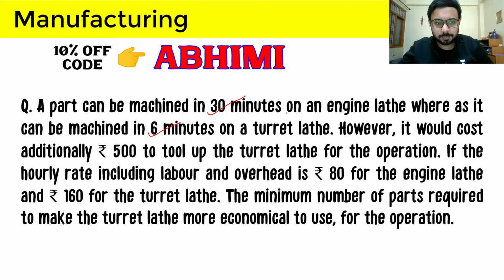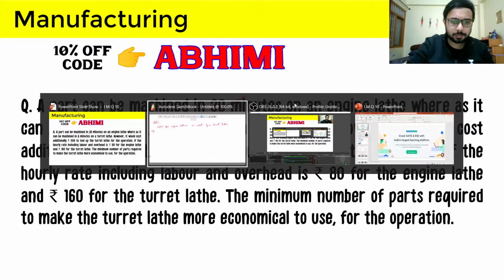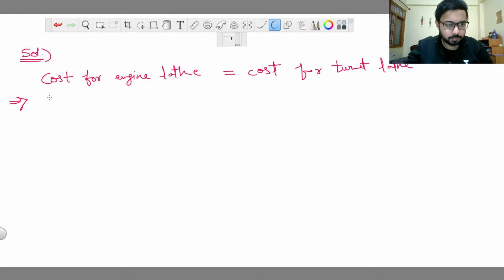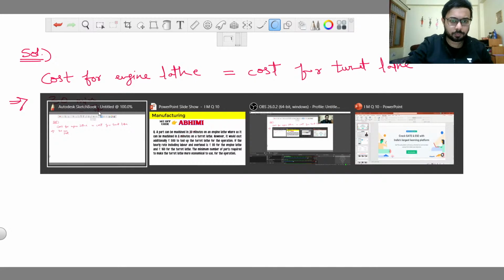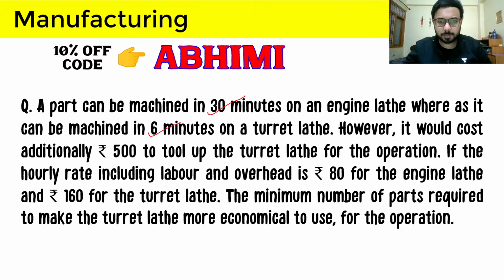So 30 minutes per part for the engine lathe, and 6 minutes for the turret lathe, and it would cost an additional 500, and the hourly rate is 80 for the engine lathe and 160 for the turret lathe.